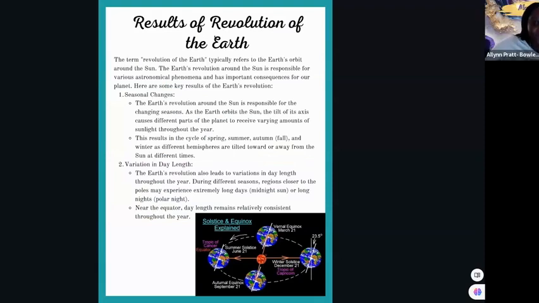Latitude lines are the horizontal lines that run from east to west. Very good. And some important latitude lines that you need to know. There are 5 of them, excluding the north and south pole. Can you remember the 5? Equator, Tropic of Cancer and Capricorn, Arctic Circle, and Antarctic Circle. Excellent. Very good. And then there are 2 important longitude lines.